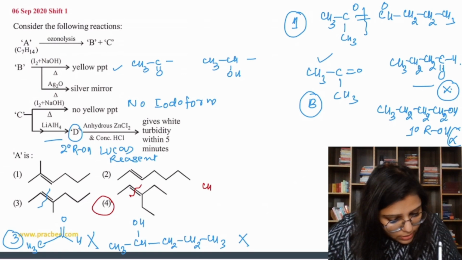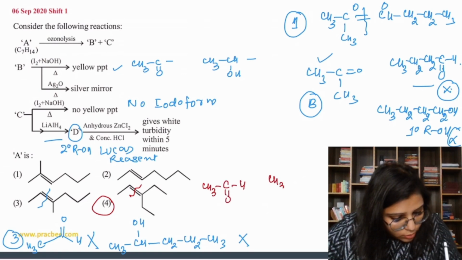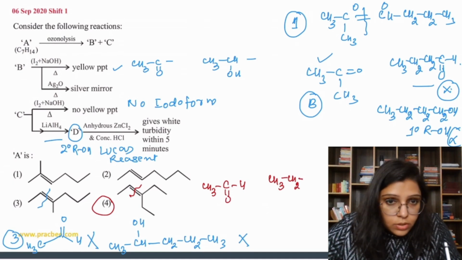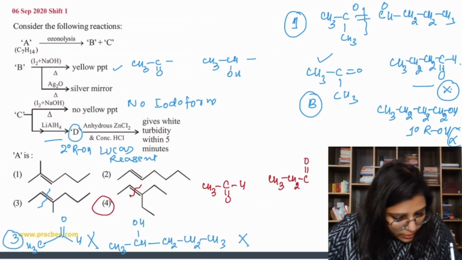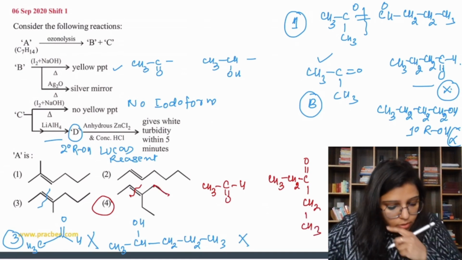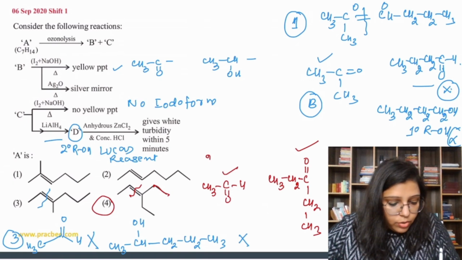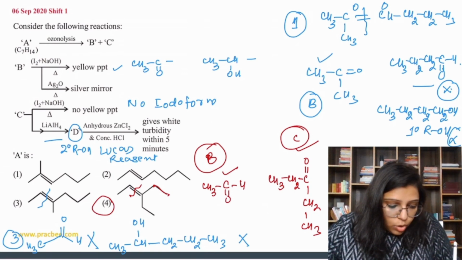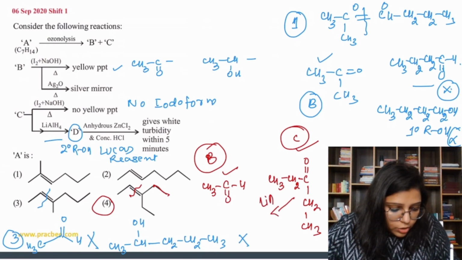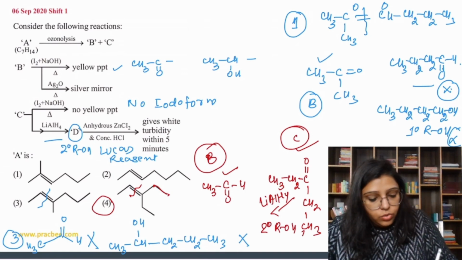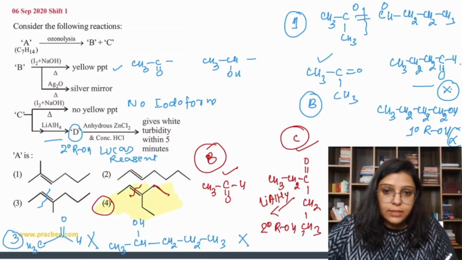When you break this, you get CH3 C double bond OH, and here you get CH3 CH2 C double bond O, and then CH2 CH3. So here no iodoform. This can give iodoform, so this is B, and this is going to be C. And ketone on reduction gives a 2 degree alcohol, right? So fourth is going to be the correct answer.